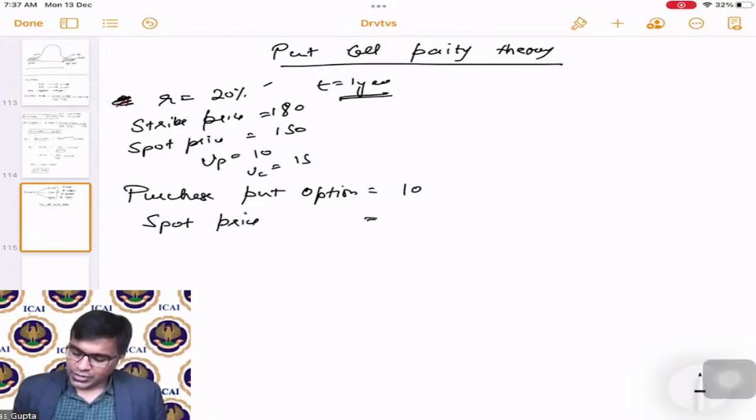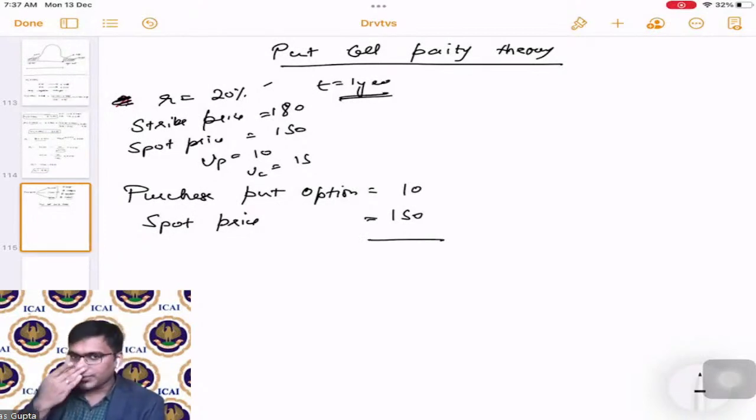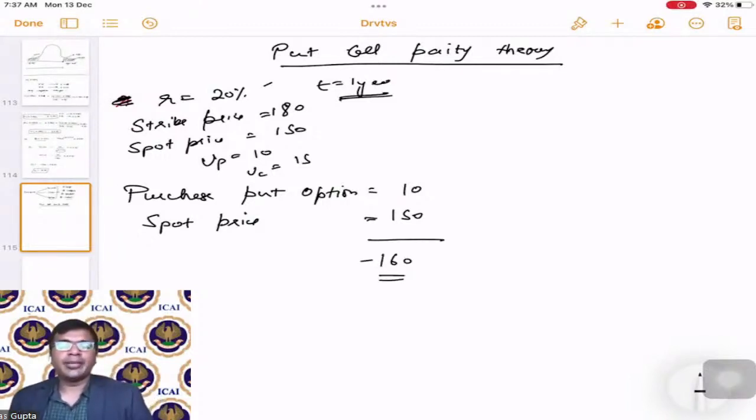So he has to purchase a share and keep it at the spot price, which is 150 rupees. So 150 rupees he will invest today, and 10 rupees he will invest in the put option: 150 for purchasing the share and 10 rupees for purchasing a put option. Then one of the portfolios is formed, for which the initial cash outflow will be 160.